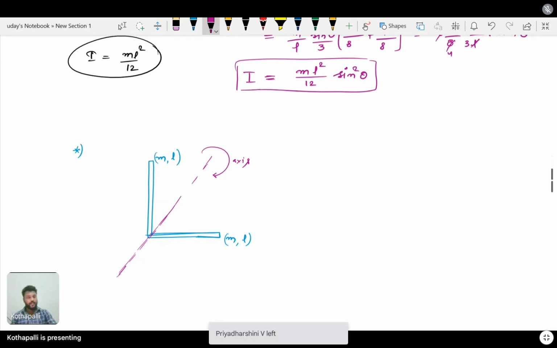Think of it, have a look at how to solve. Can anybody tell me the answer?